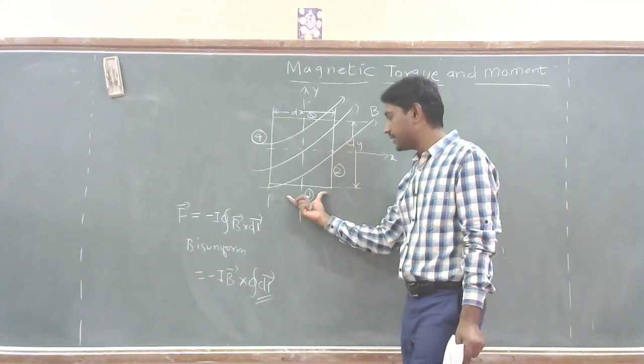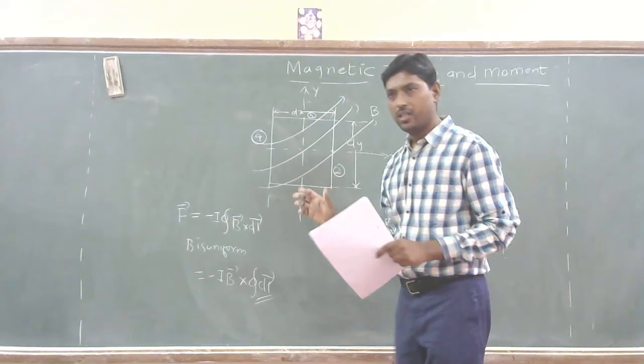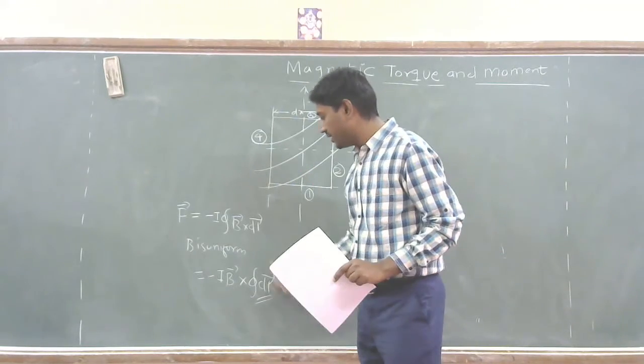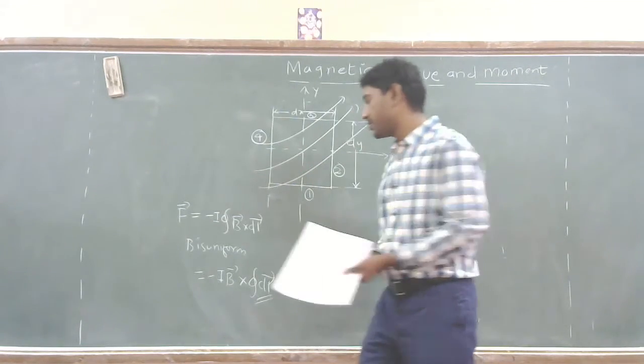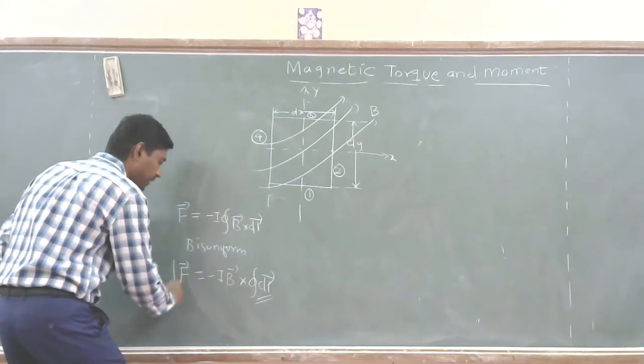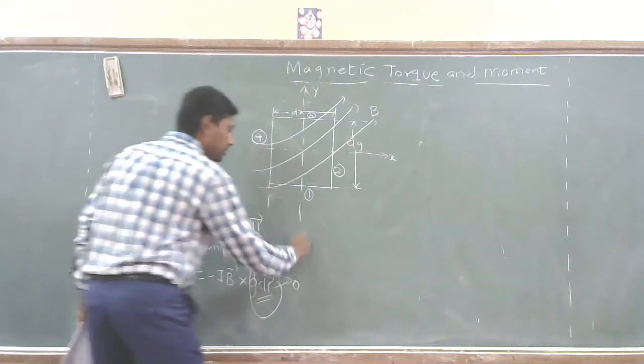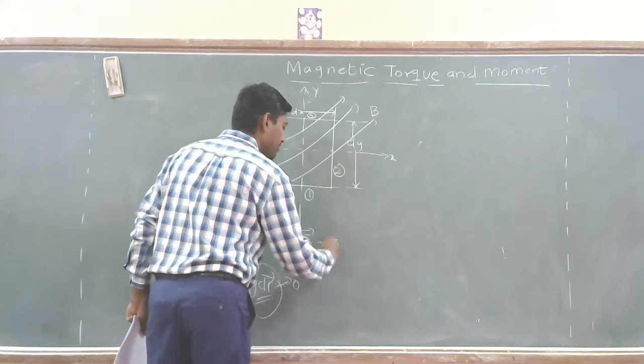Similarly, for one segment it will be positive, and the other segment it will be negative. So the total sum of that will lead to 0, which means that this part is 0, so the force on the loop will be 0.